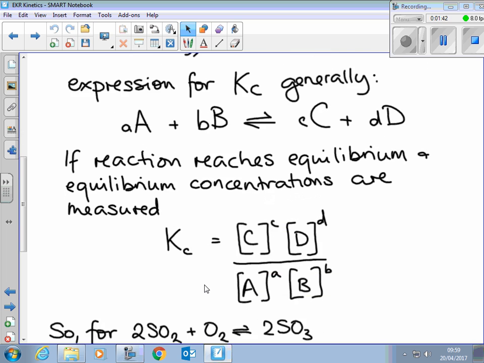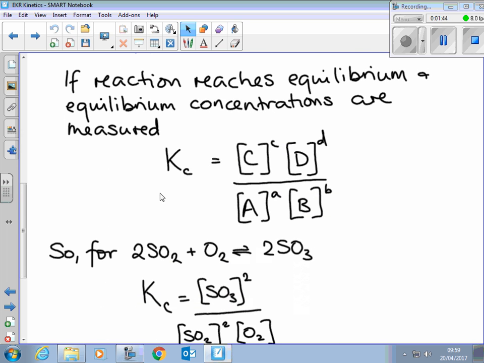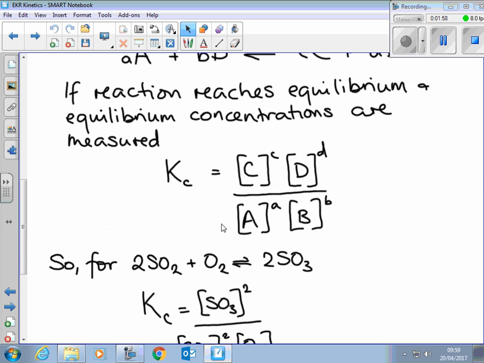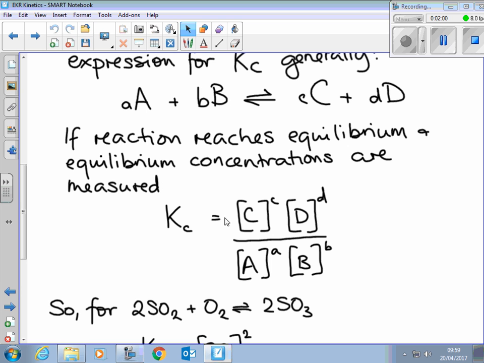And we came down here to that forward reaction where A and B are reacting to give you C and D. The equilibrium constant is calculated like that, and I don't think we had any big problems with that. The small letters used as indices on there are the molar quantities in the equation.